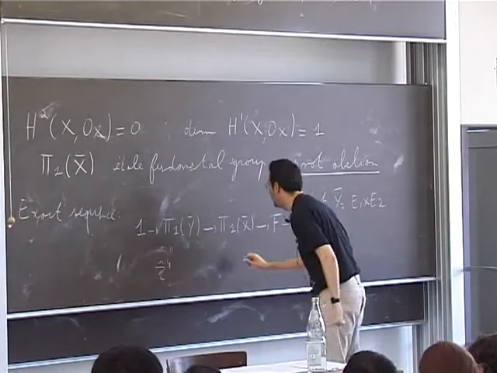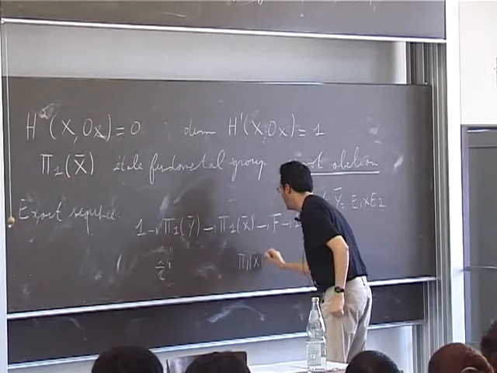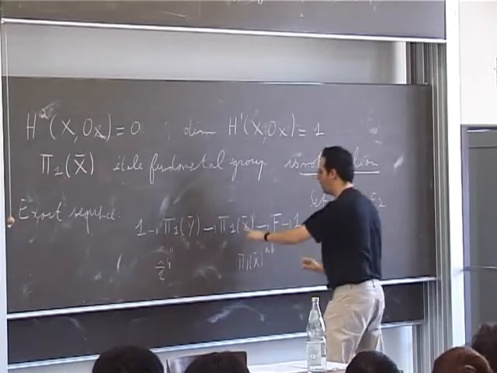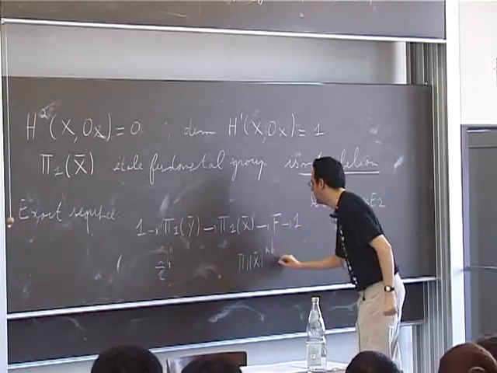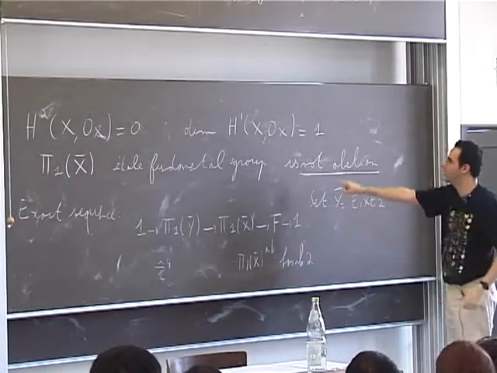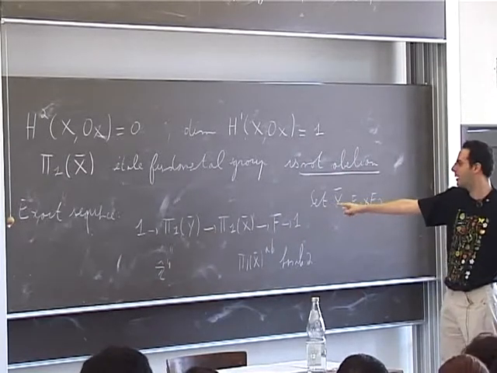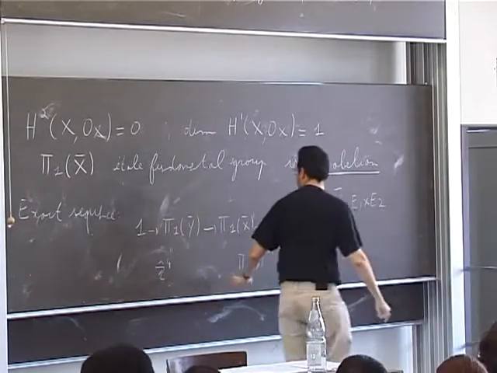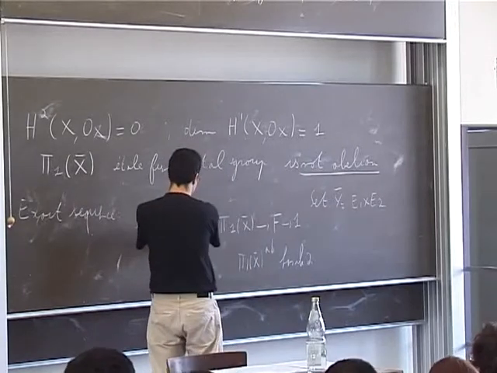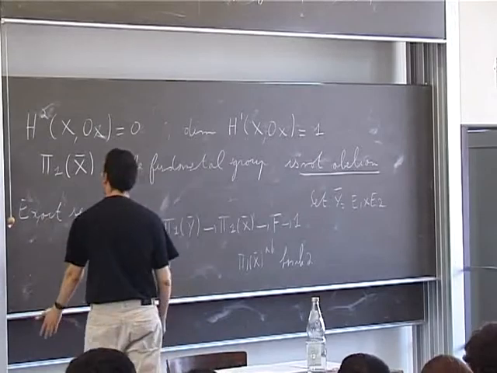But here, if you consider the abelian part of the pi 1 of X bar, it has rank 2, because it's 2 times the dimension of the Albanese variety. So in particular, pi 1 of X bar cannot be abelian because you have a too big abelian subgroup here. Okay?